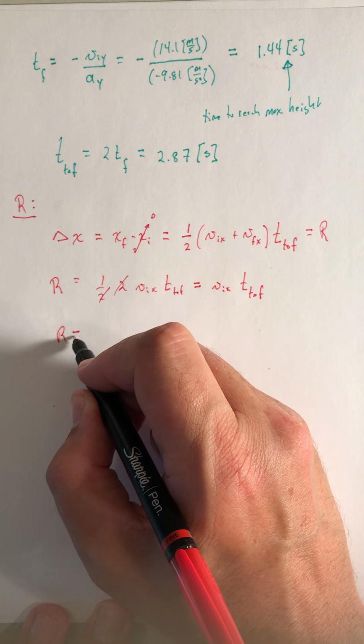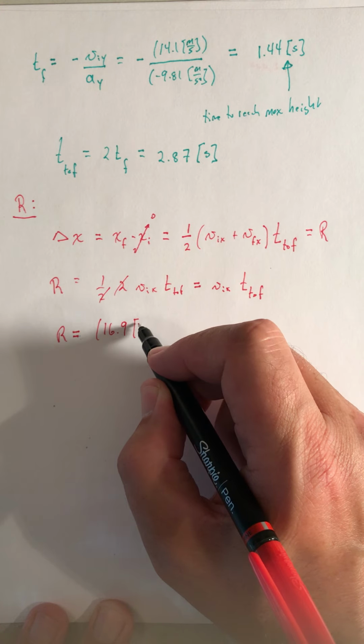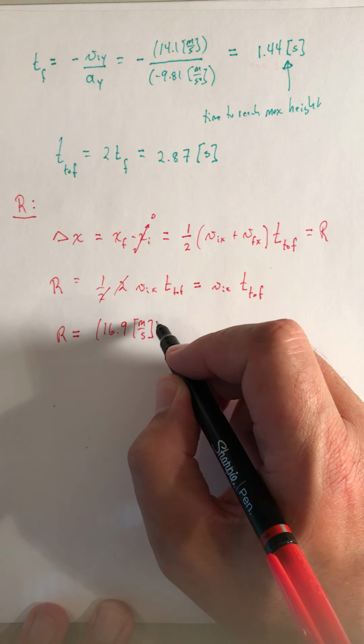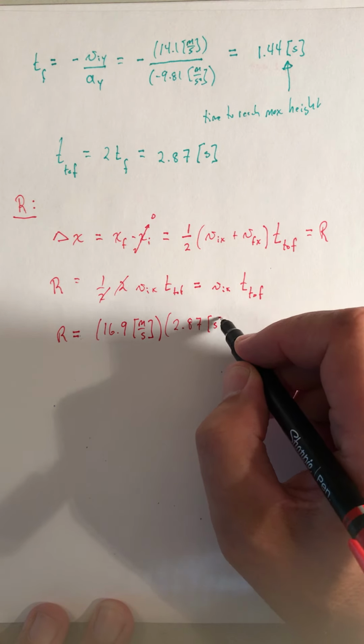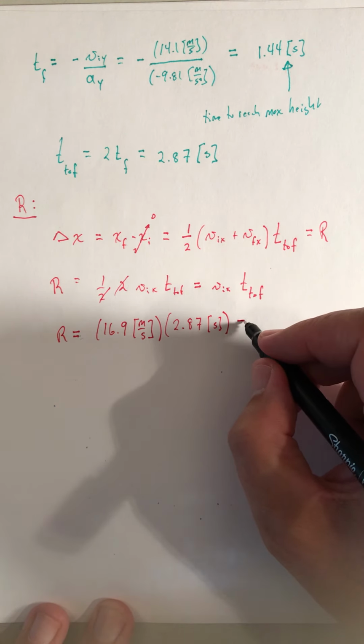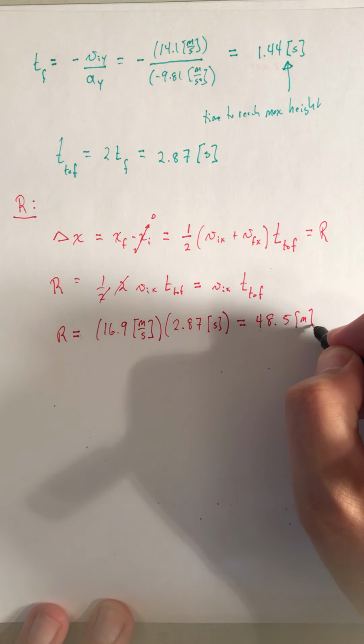We actually put in numbers. It's going to be 16.9 meters per second times our 2.87 seconds. And that's a pretty hefty kick, 48.5 meters. Not bad.